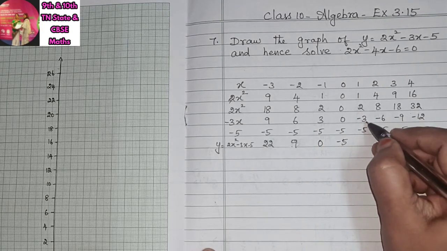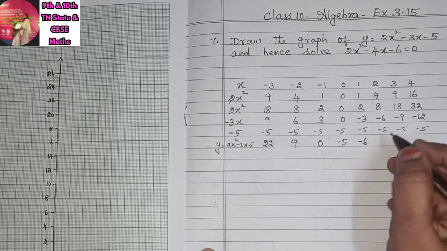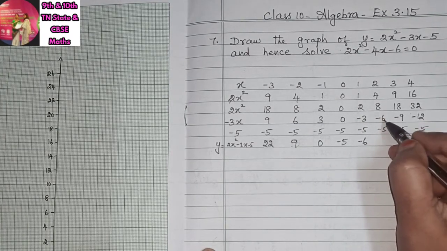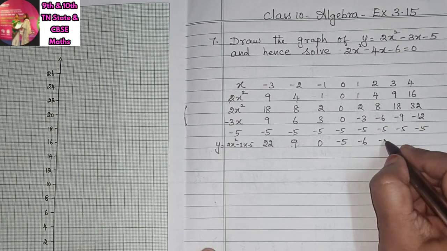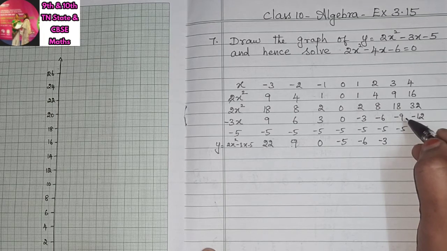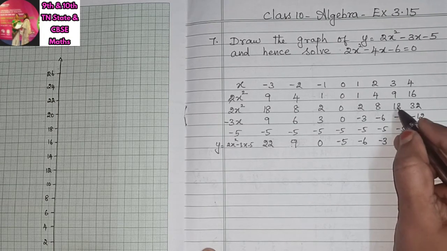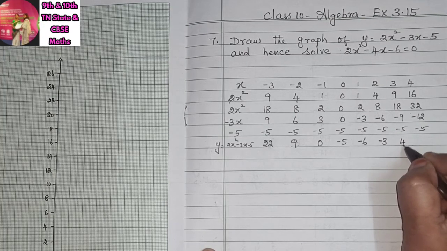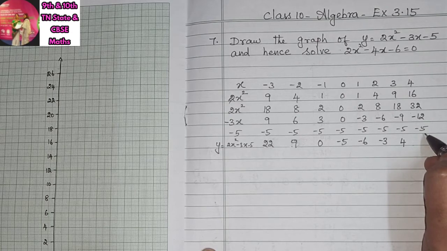Then 2 minus 3, -1. -1 minus 5 is -6. Then 8 minus 6 is 2. -5 plus 2 is -3. Then -9 minus 5 is -14. 18 minus 14 is 4. Then 32 minus 12 is 20. 20 minus 5 is 15.